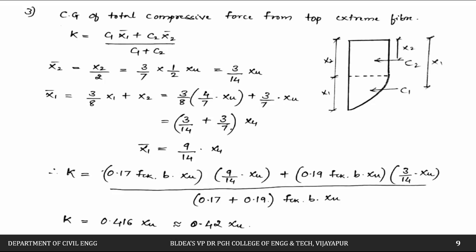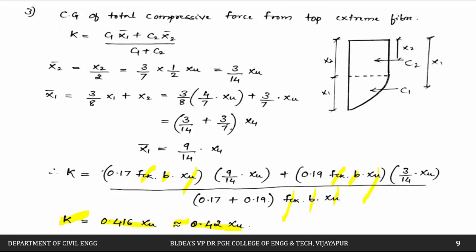Further, if we simplify this, the fck will be gone, the b and b will cancel, and the xu will cancel, so the remaining will be xu. Further simplifying, the value of K will be 0.416 xu.